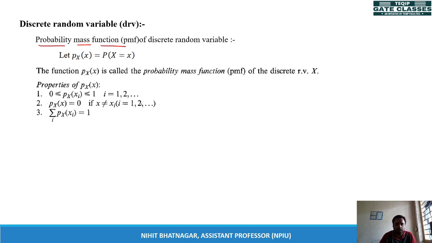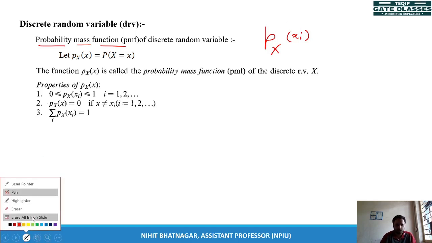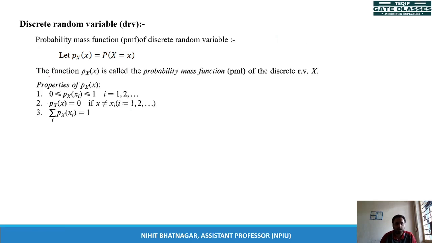Then we write the PMF as small p, where the random variable is in the small bracket, and we show its random value. The function p(x) is called the probability mass function, or PMF, of the discrete random variable x.